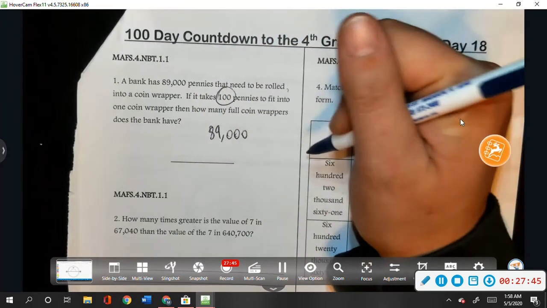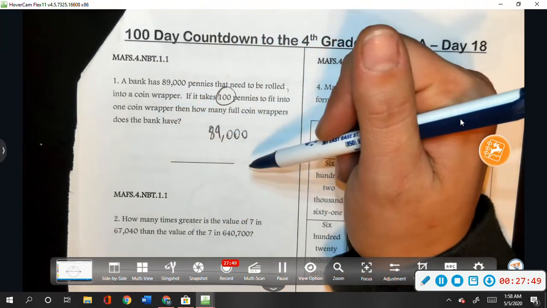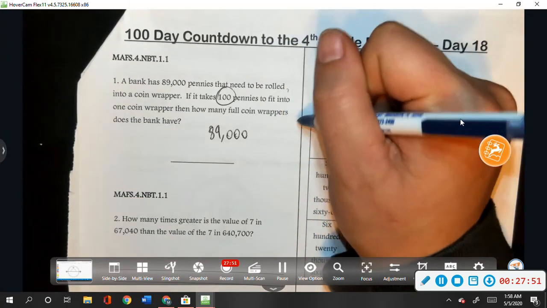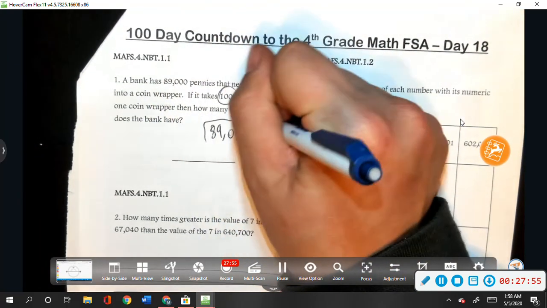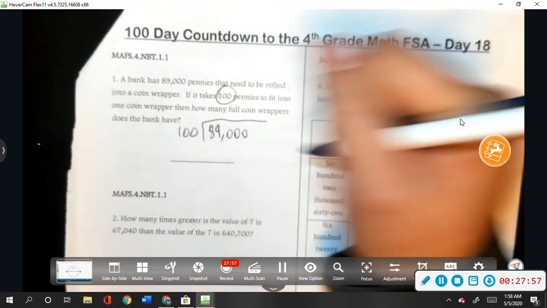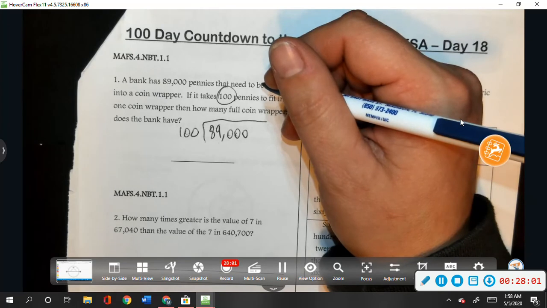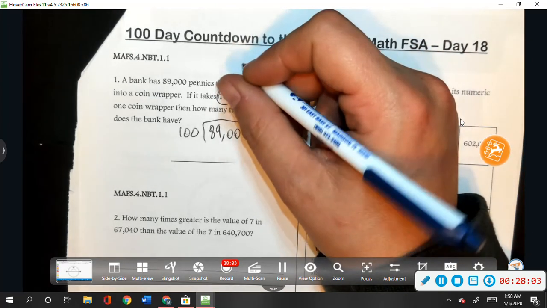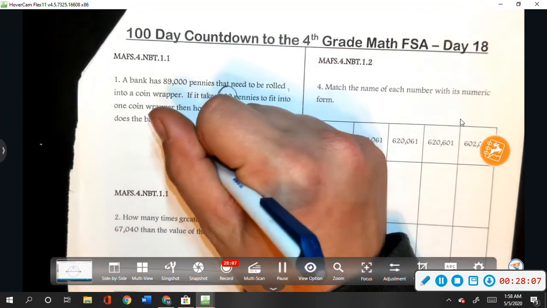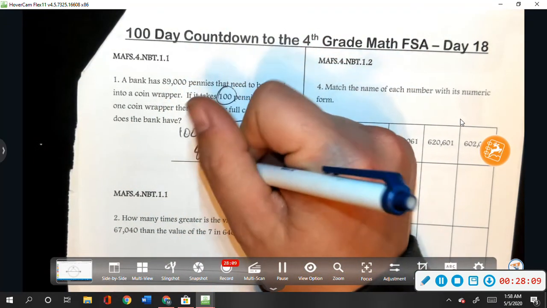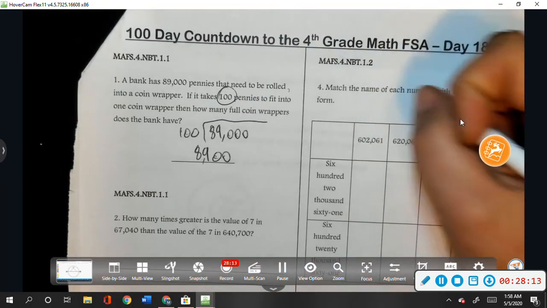If it takes 100 pennies to fit into one coin wrapper, how many full coin wrappers does the bank have? So you could take 100 and divide it by 89, which would be 1 divided by 89, which would be 89 with 2 zeros. 8,900.